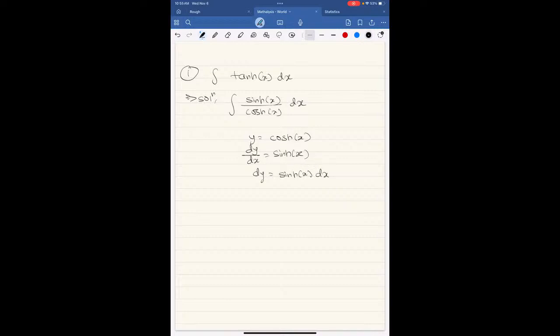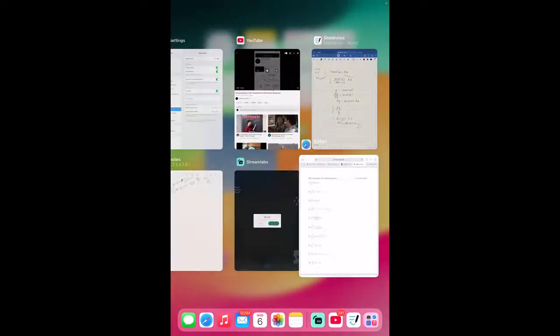So we see that sin x dx is just dy, and cos x is y. So this is ln y plus c. Don't forget the constant. And y is cos x, so it's ln of cos x plus c, which is the answer. So let's check our answer if it's right or wrong.